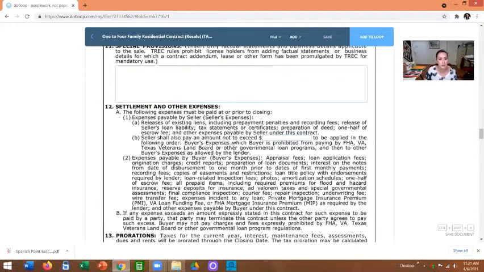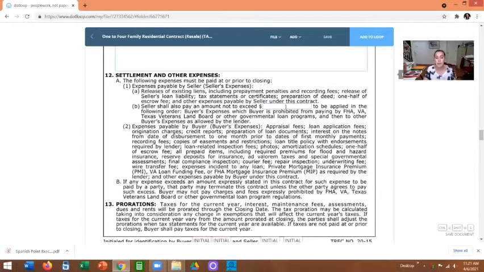All right, settlement and other expenses. This says that if the seller agrees to pay the buyer's closing costs, that specific amount would be here. You cannot say 3%. You cannot be vague. You have to be very specific, because whatever does not get used here does not get refunded. It's not like a check that gets written to the buyer, okay?